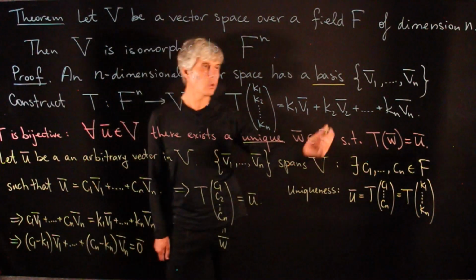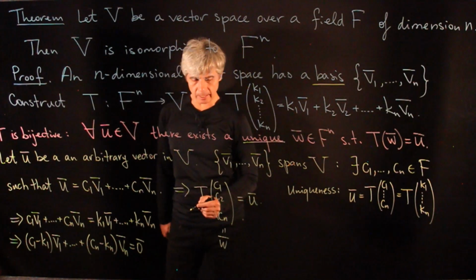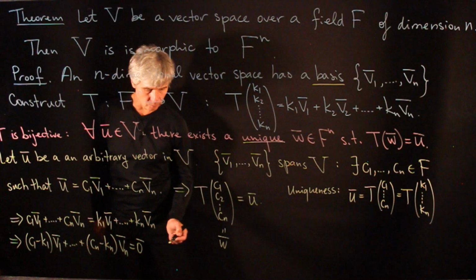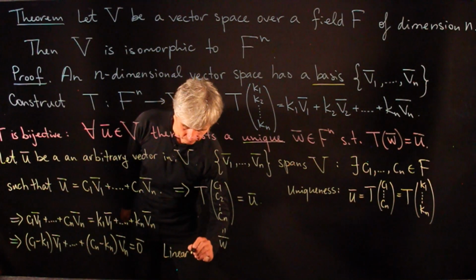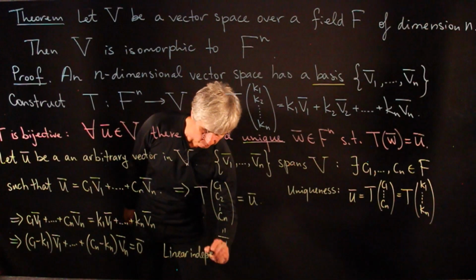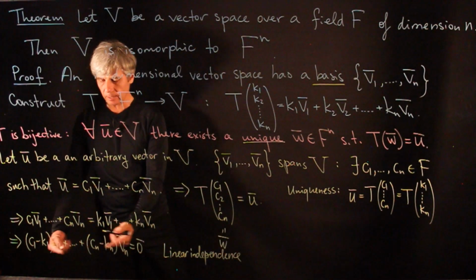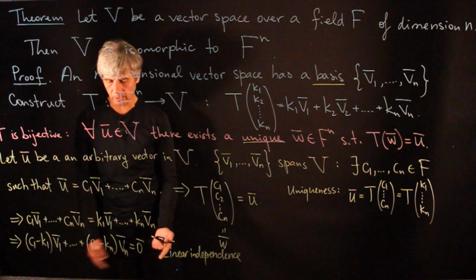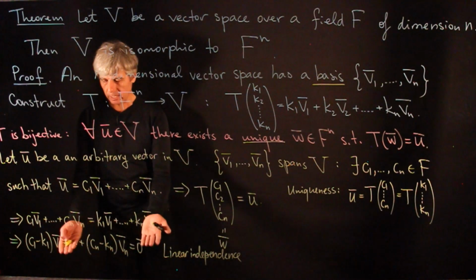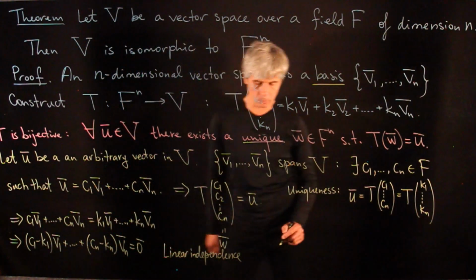But again, we recall that we have a basis, and the basis is linearly independent. So from linear independence, we know that if a linear combination of this set of vectors is equal to a 0 vector, then by definition of linear independence, all coefficients of this linear combination must be equal to 0.